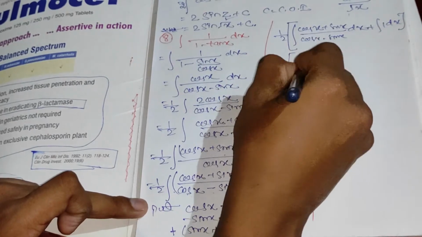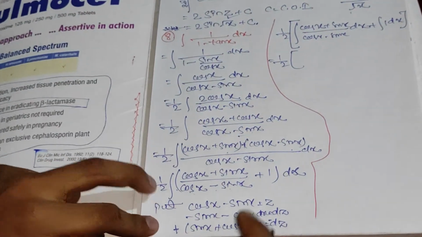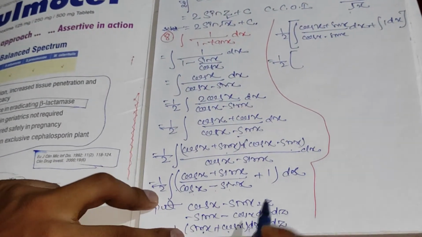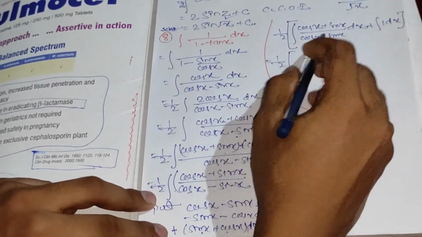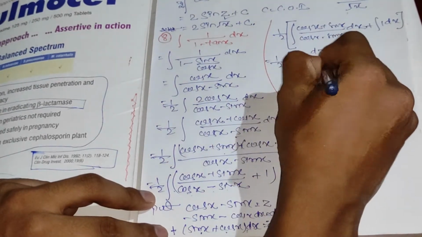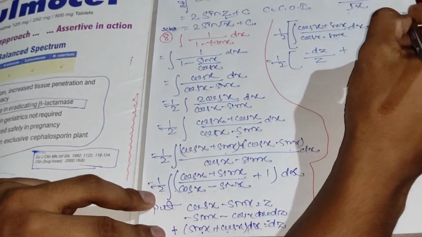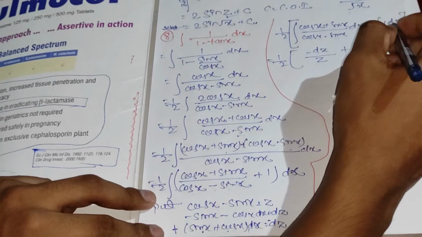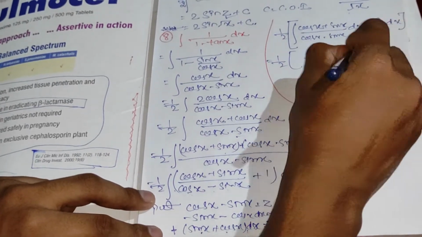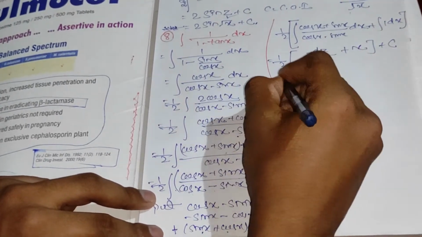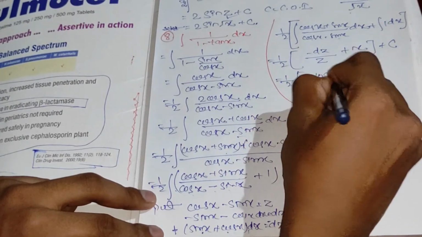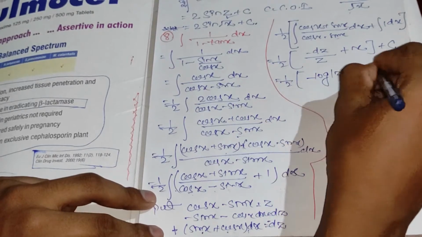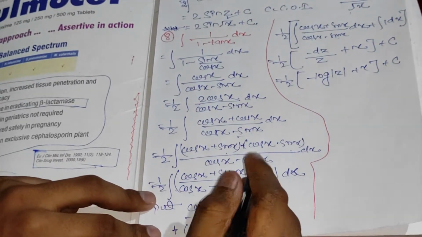Now this term we have solved: (sin x plus cos x) dx is minus dz, and this term we have assumed z, so it becomes z plus x plus c. Now it is 1 by 2 minus log of z plus x plus c.